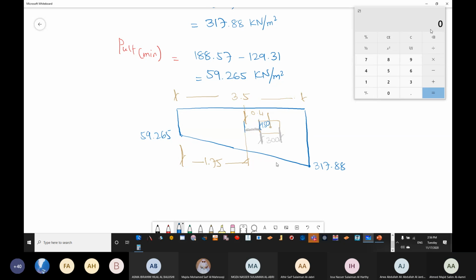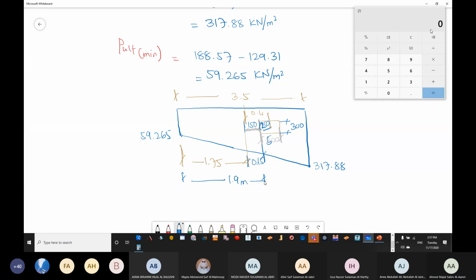Okay, that's true. So this is 500, and if this is 500, then this is 250. Half of the column is 250. So if this is 250, then this gives you 150. So the total length from this point to here, if this is 0.15, then this is going to give you 1.9.